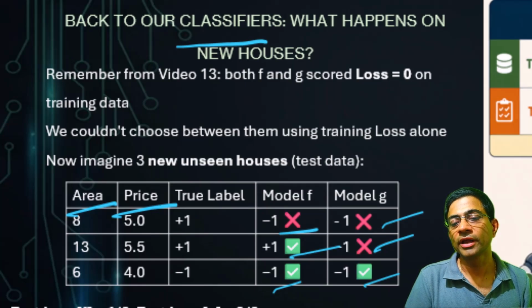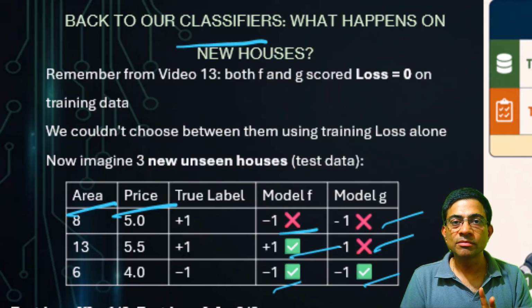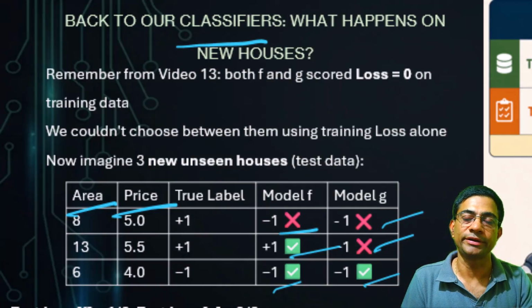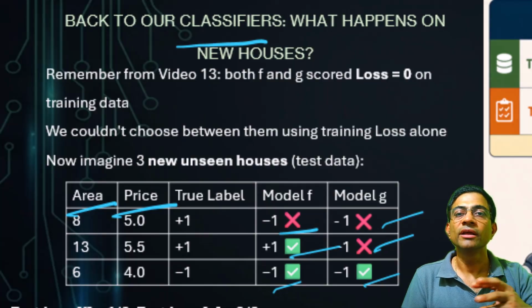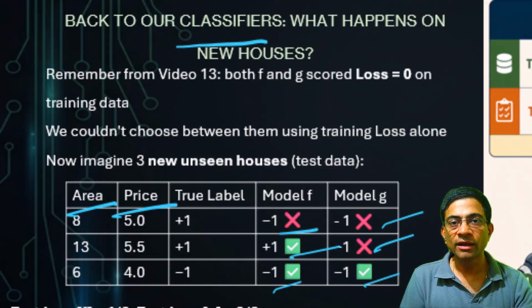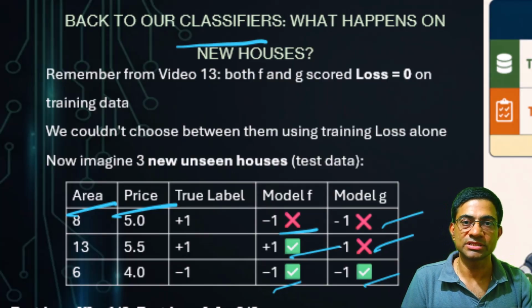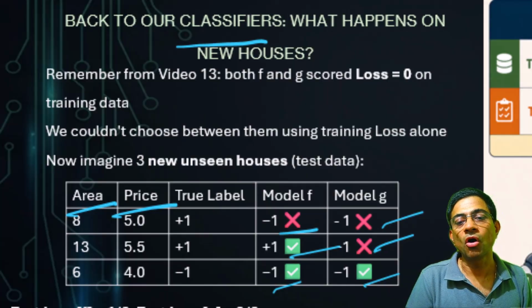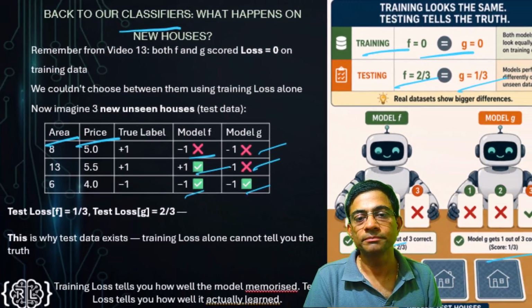So the models perform completely differently when we give data which the model has never seen. So that's the strength, the importance, of the test data over the training data.